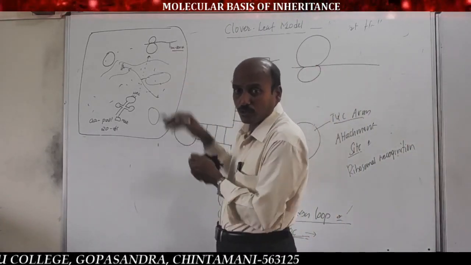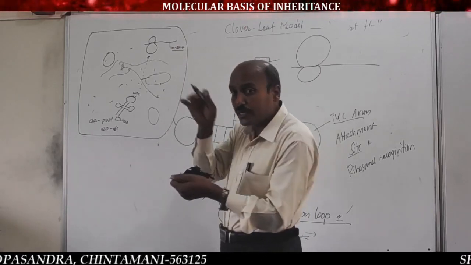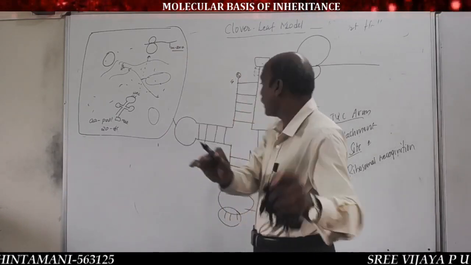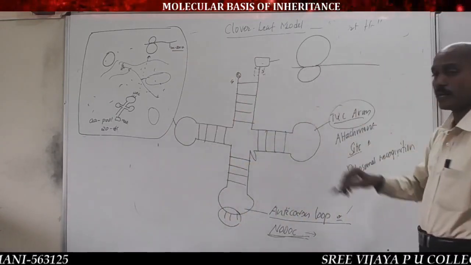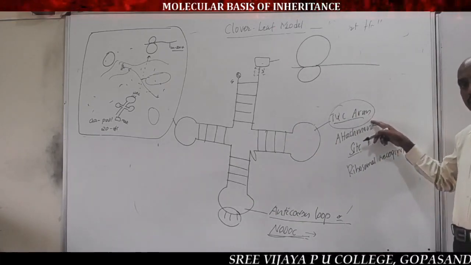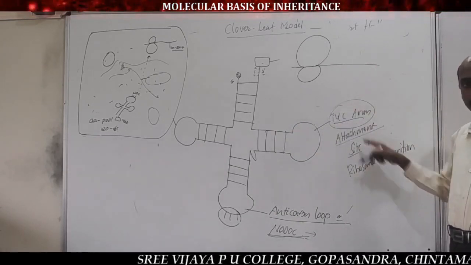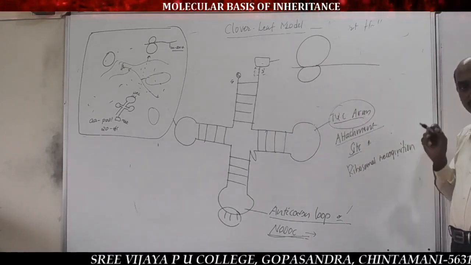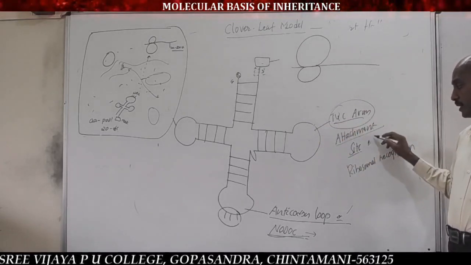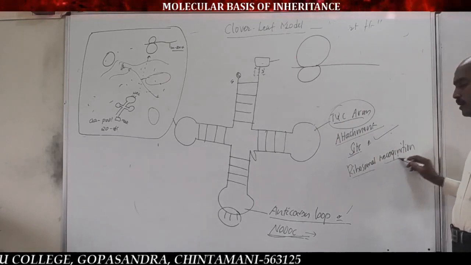Which is the ribosome? Among different types of cell organelles, it is recognized by the tRNA only with the help of the T-psi arm. After identification, the tRNA attaches to the ribosome. That's why the T-psi arm of the tRNA is also called attachment site or ribosomal recognition site.